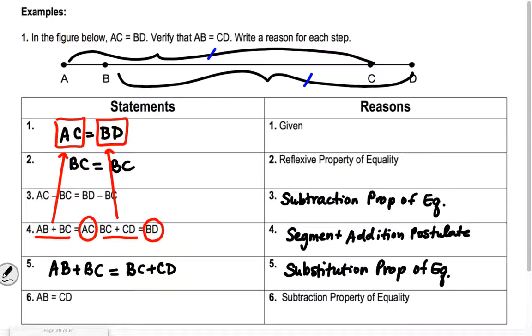And then our last step, AB is equal to CD. Well, what did I subtract from both sides? I subtracted this BC. Do you guys see it? When I subtract that out, I'm left with AB is equal to CD. Subtraction property of equality. Is that what I wanted? Ding, ding, ding, we're done. So we showed that AB is equal to CD. That's your first geometry proof.